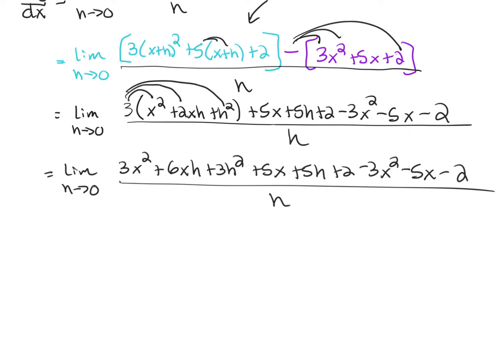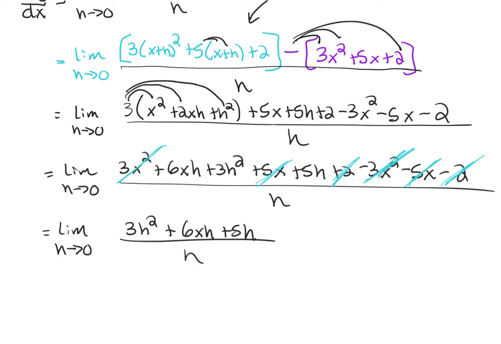Now the fun part, find things to cancel. Let's see what can cancel. I have 3x squared minus 3x squared. I've got 5x minus 5x, 2 minus 2. I think that's it. So limit as h approaches 0. I'm going to put the top numerator in standard form. So I've got 3h squared plus 6xh plus 5h over h.